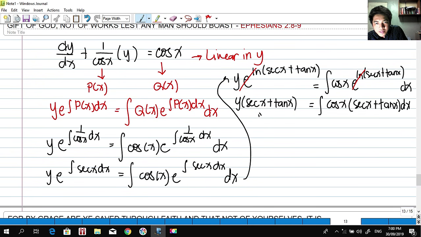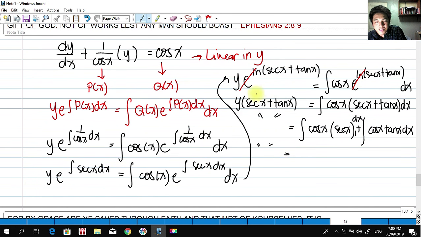Let me just write this side of the equation as this. If I multiply this, this should be the integral of cosine of x multiplied by secant of x plus the integral of cosine of x multiplied by tangent of x dx. I'm sorry, I forgot to write dx, so I should rewrite this first.